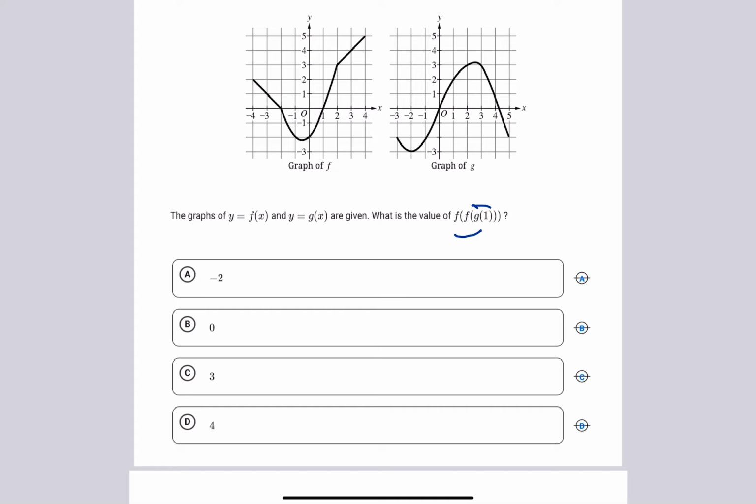So you start with g of 1, then you move outwards. So we have g of 1, which is when x equals 1, y equals 2. So now I have f of 2. Now, what is f of 2? Well, it's 3. So now I have f of 3. What is f of 3? It's 4, right? So the answer is option D.